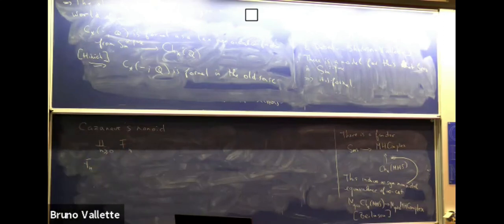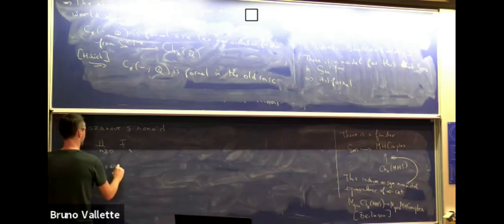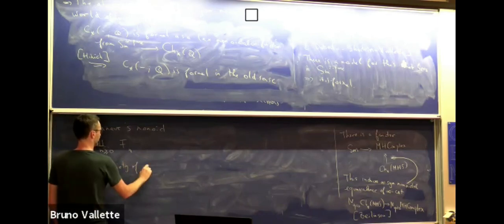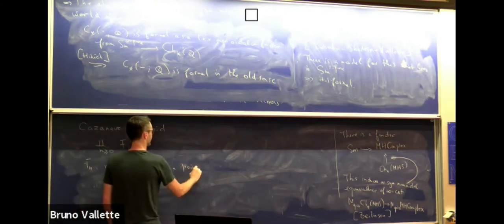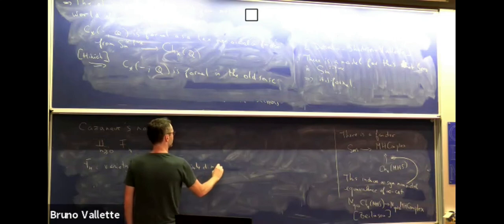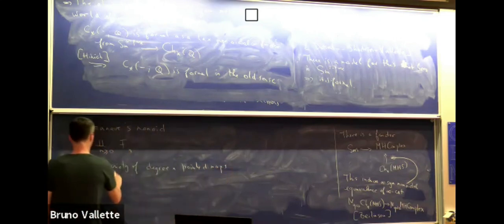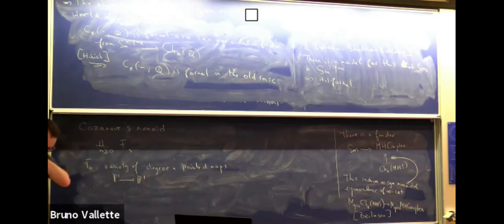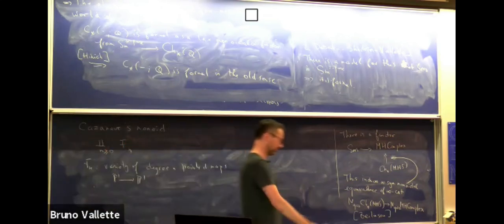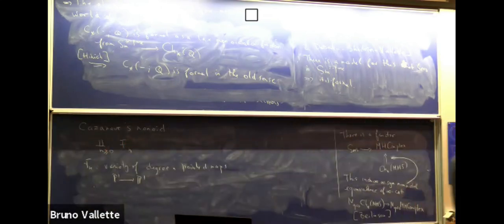Fn is the variety of degree n pointed maps from P1 to P1. What I mean by a degree n pointed map is just a degree n rational function.